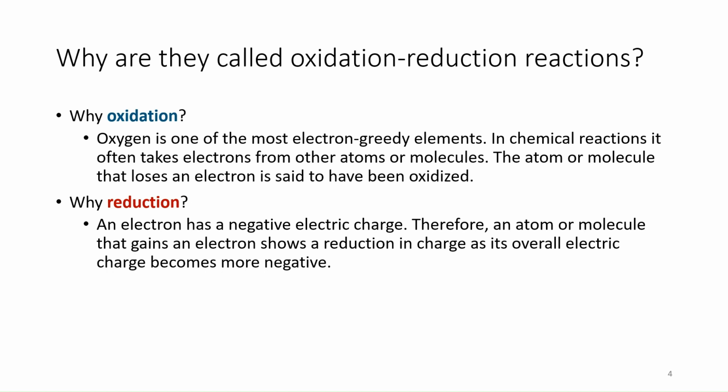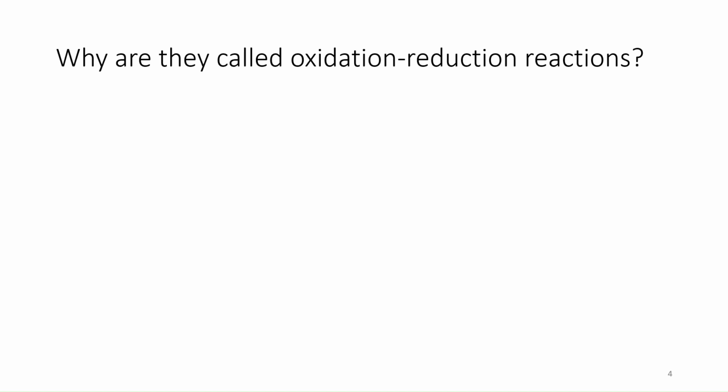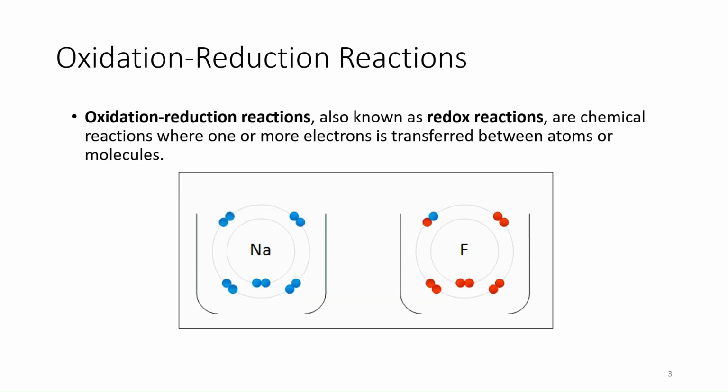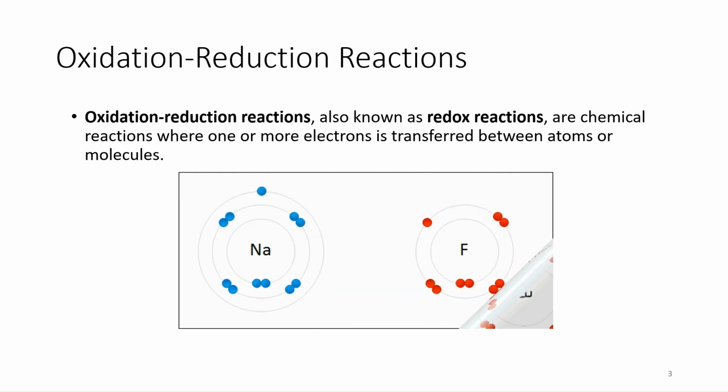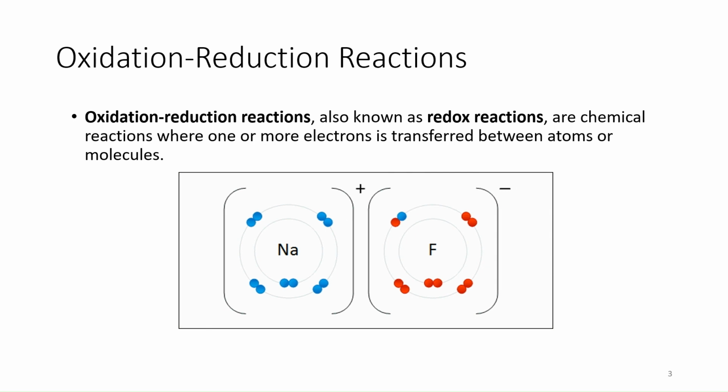So if the molecule had, let's say, a neutral charge, with no positive or negative charge, and it takes an electron, it's going to gain an electron and become more negatively charged, or more reduced. If we go back here, we can see that after the electron exchange occurs, sodium becomes positively charged as it's oxidized, and fluorine becomes negatively charged as it is reduced in its charge.